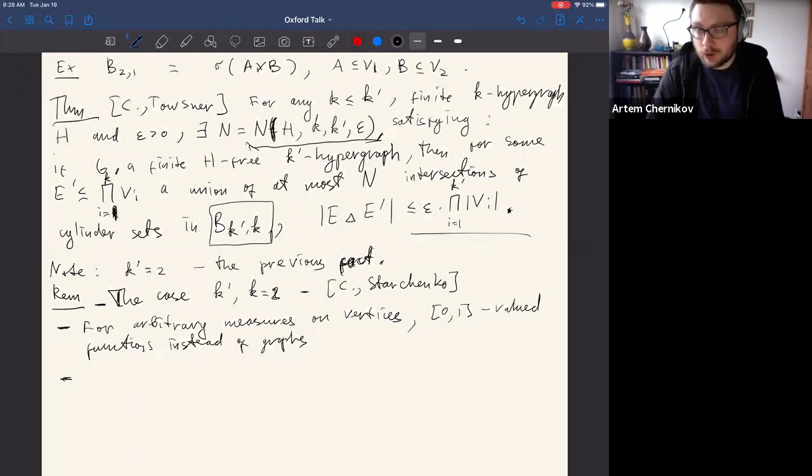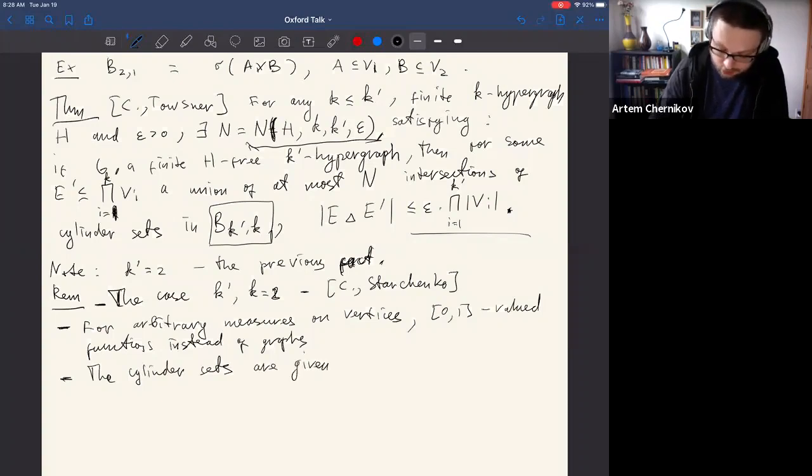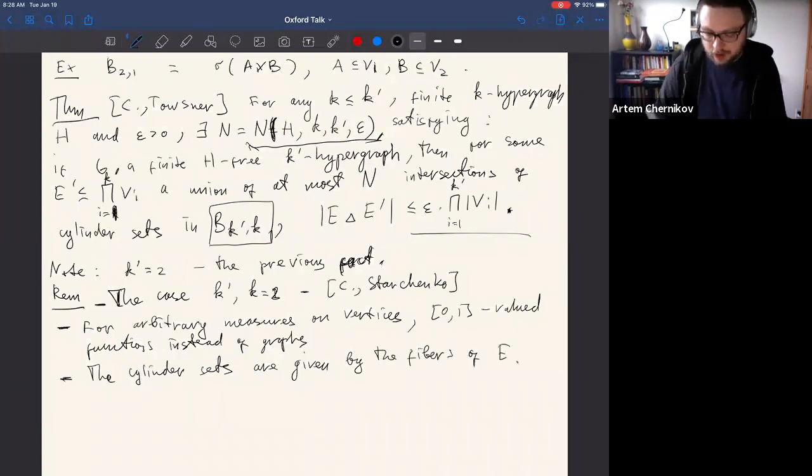We only need to consider those which are given by the fibers of E. So the cylinder sets in the result can be chosen to be given by the fibers of the original hypergraph E, by fibers of various arities smaller than k. When we fix all but k coordinates and look at the corresponding fiber of E, in fact everything is built out of such already.